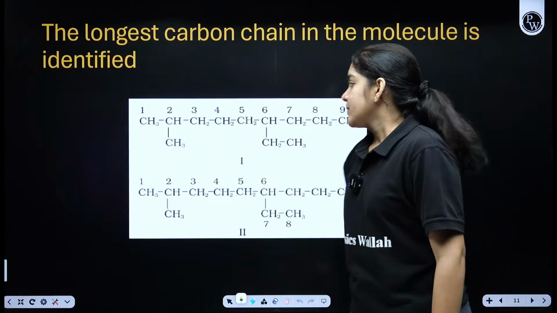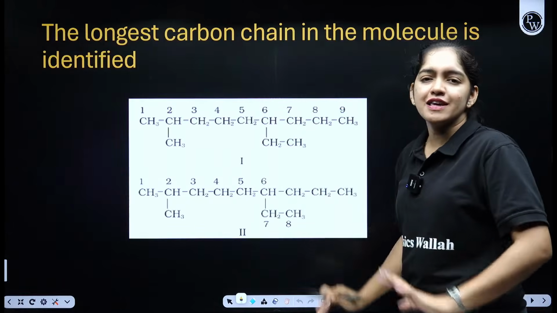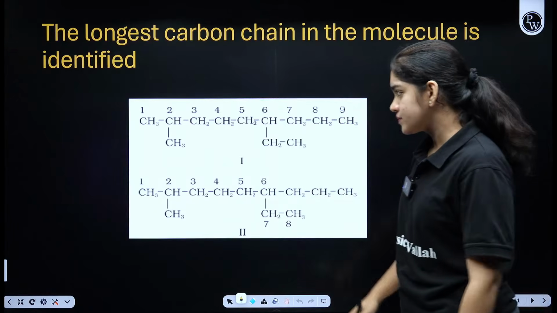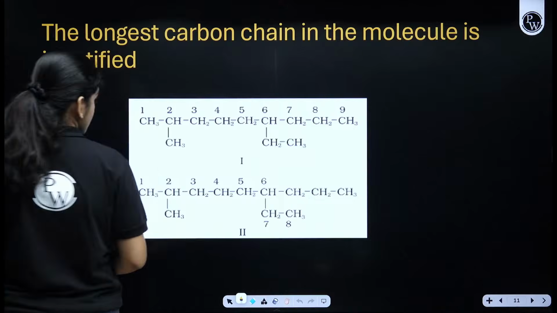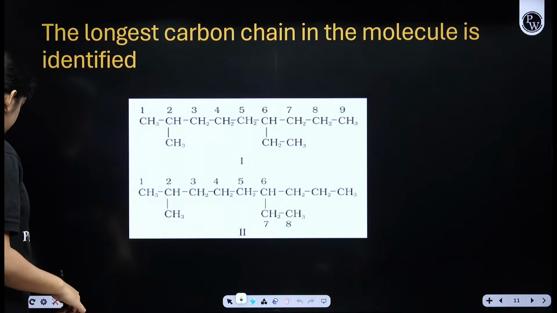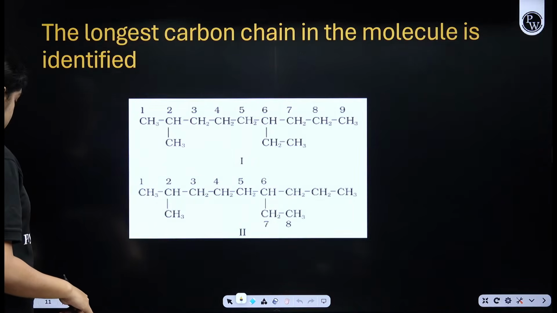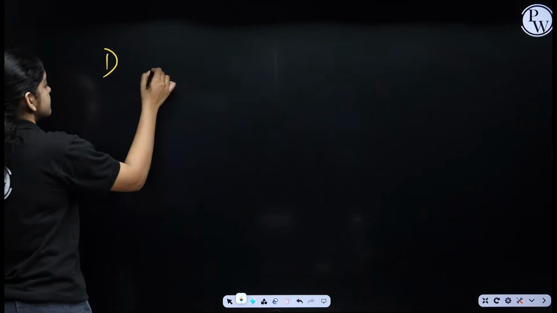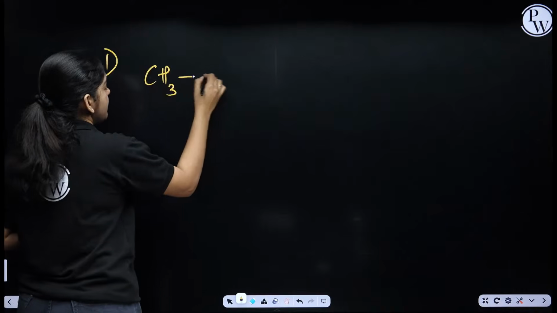So two compounds are given as examples. Okay, so we can start with the first one. CH3.